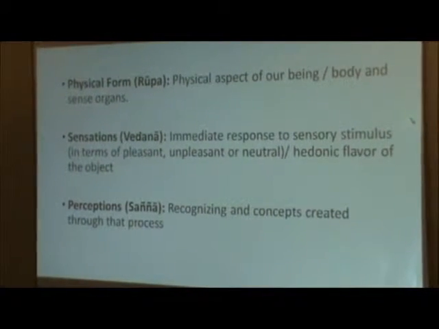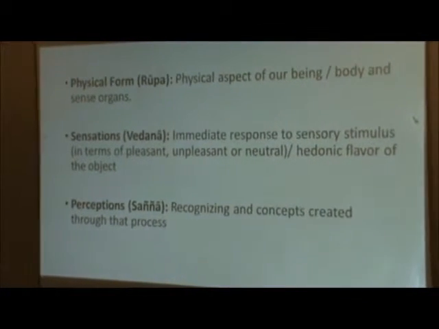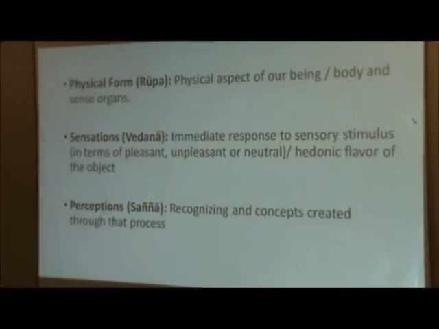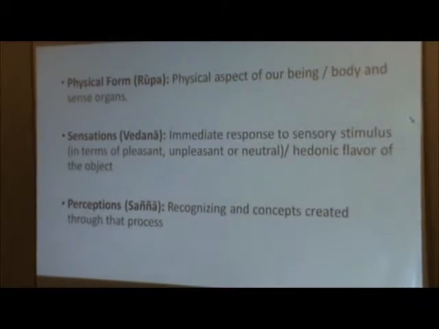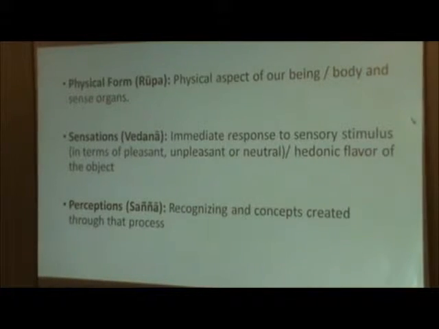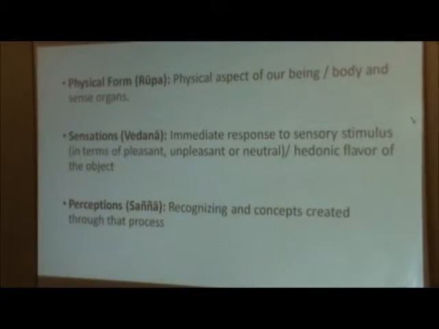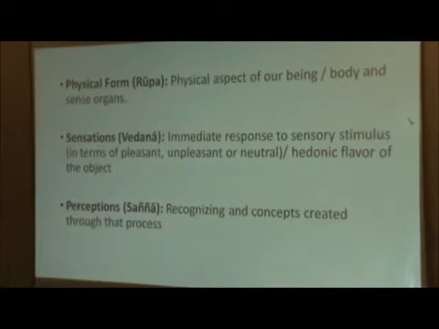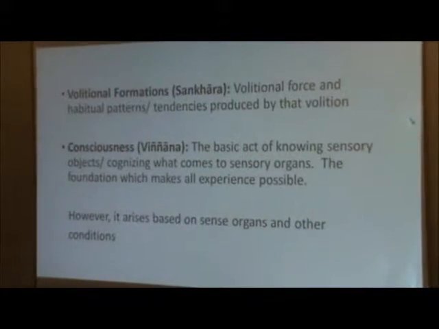The implication here is that the various khandas build on one another. Is that appropriate to assume? They are interconnected, definitely. It's more like a network than a pyramid. Yes, more like a network. But they are clearly distinguishable. That is why the Buddha explained this. But if you want, you can further analyze.